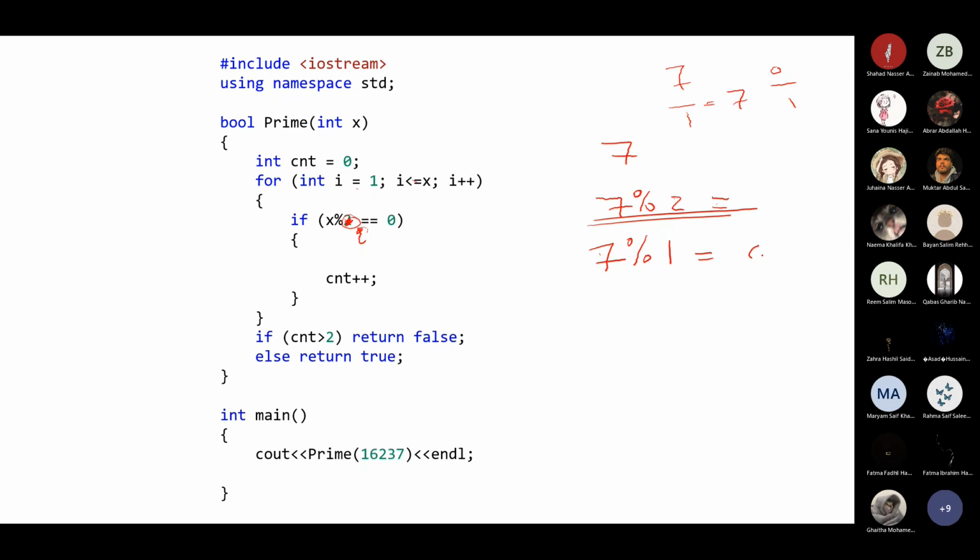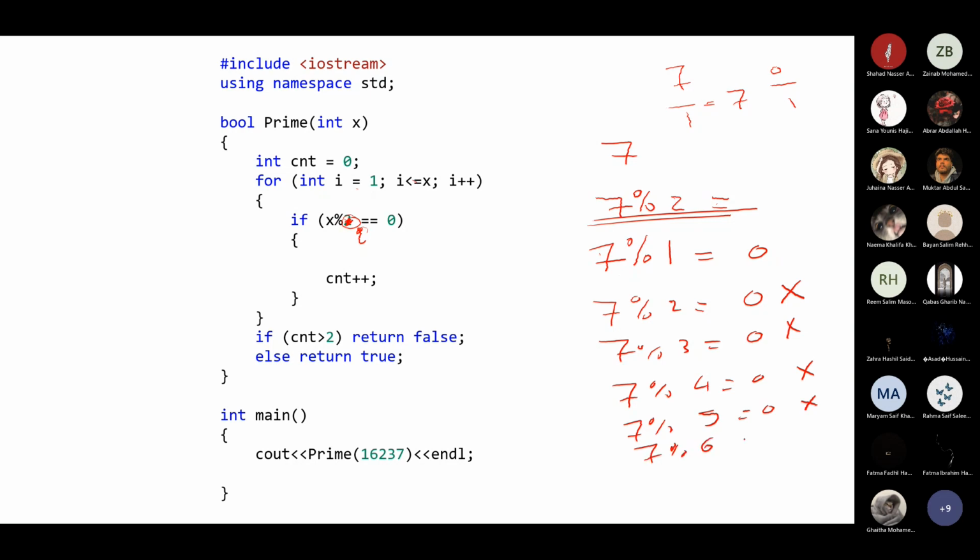Then it's 0. Okay, 7 mod 2 equals 0? No. 7 mod 3 equals 0? No. 7 mod 4 equals 0? No. 7 mod 5 equals 0? No. 7 mod 6 and 7 mod 7 equal 0? Yes.